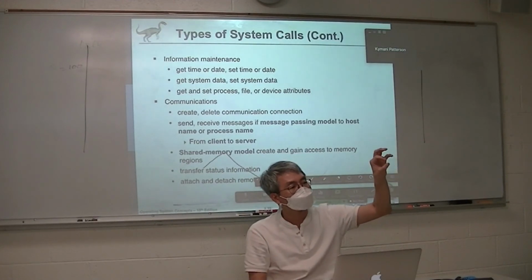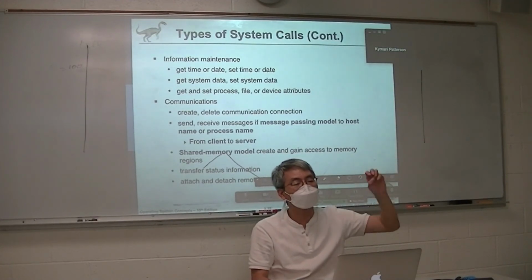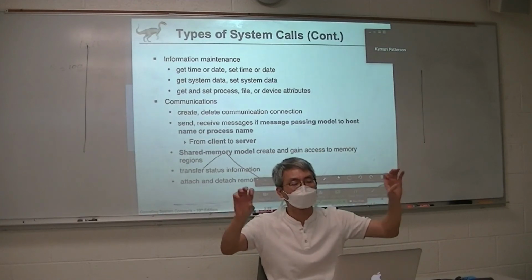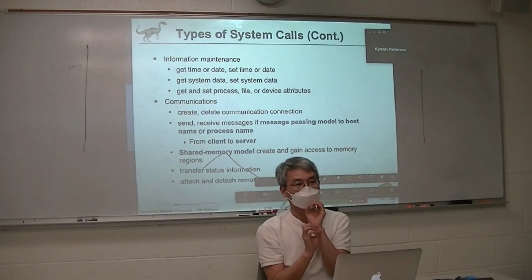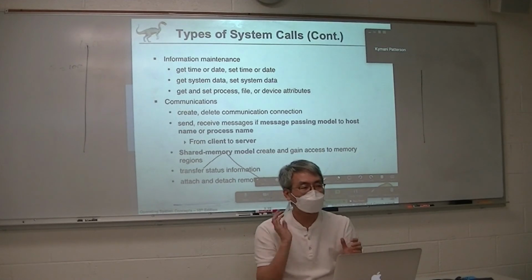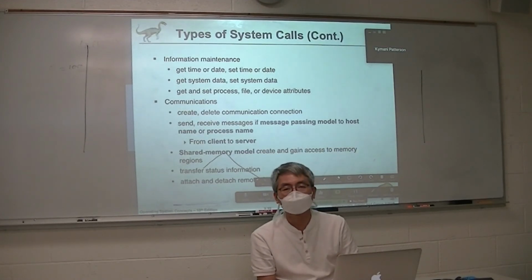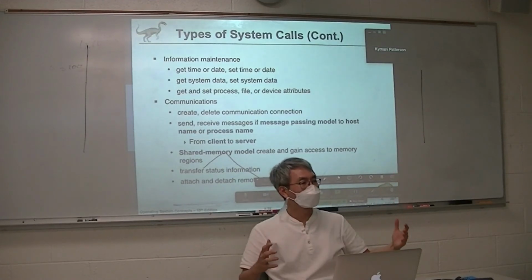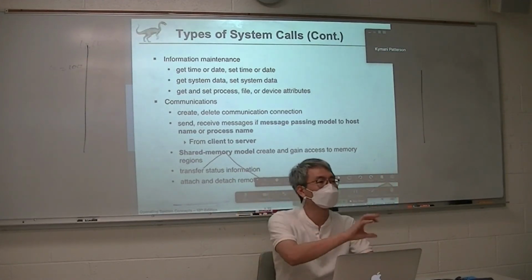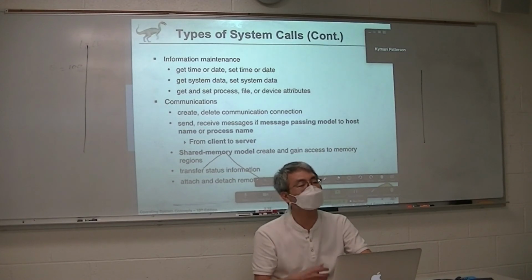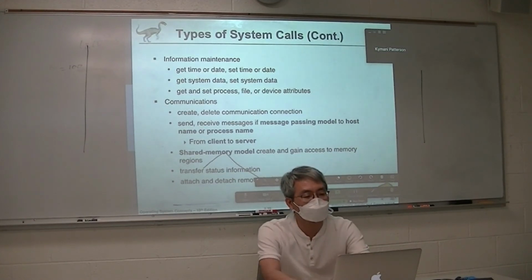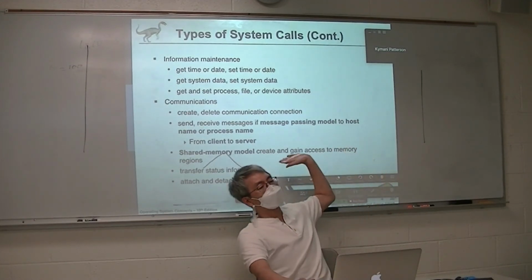Also, the most popular one is you can create a pipe, like a dedicated line. So you can send the data using the pipe and receive the data from the pipe. And also, you can use shared memory. So put the data in the shared memory and then receive the data using the shared memory. So that is the shared memory model.